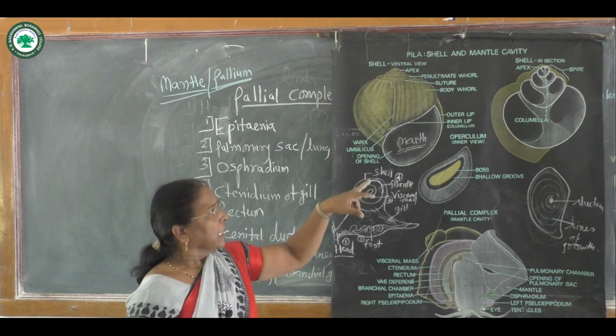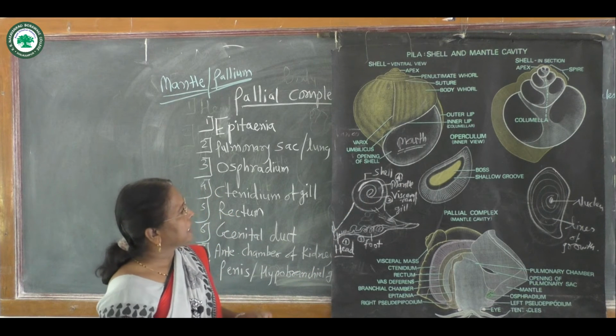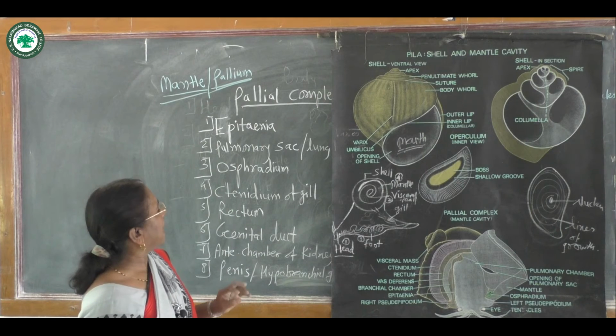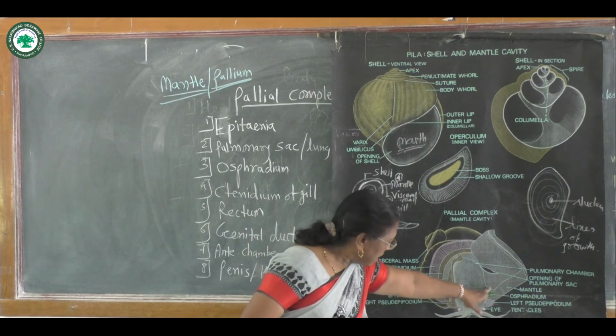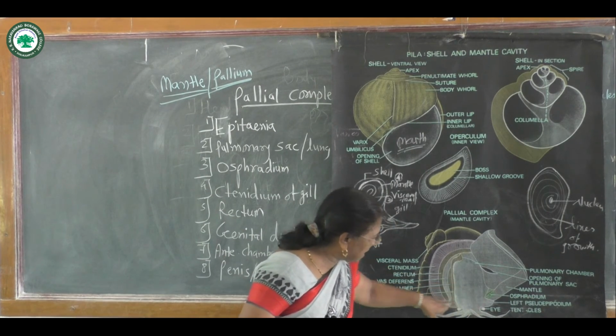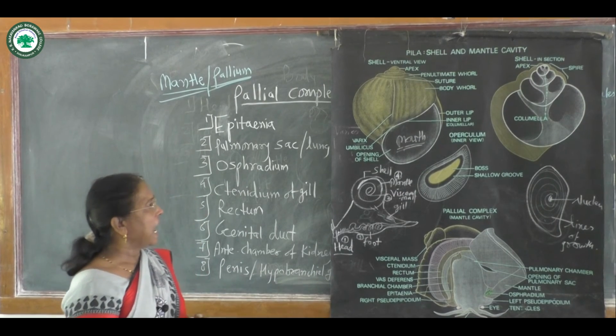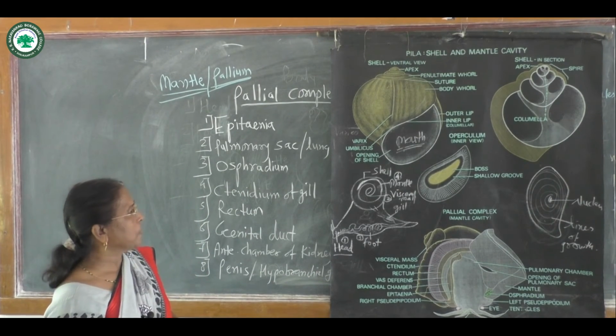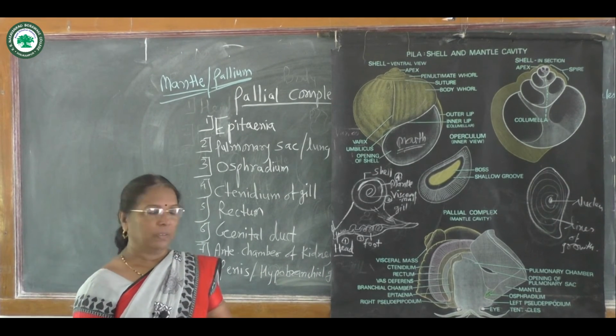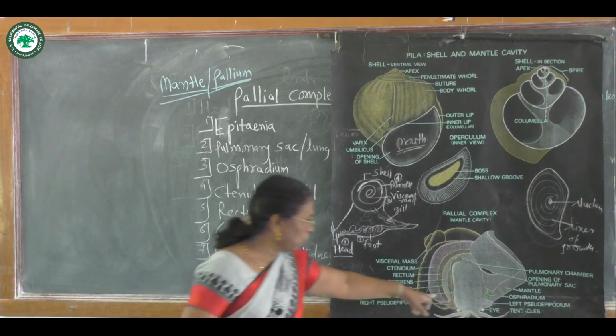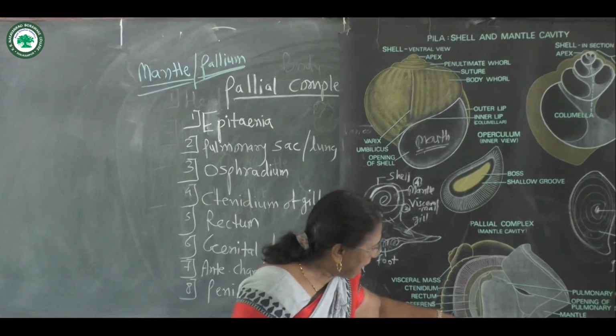Towards the anterior region, the mantle becomes thickened and pigmented and forms a protective hood. It forms a protective hood here.